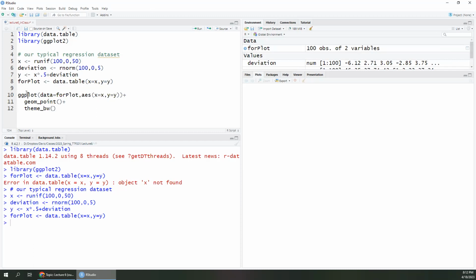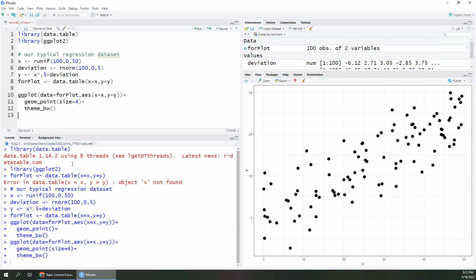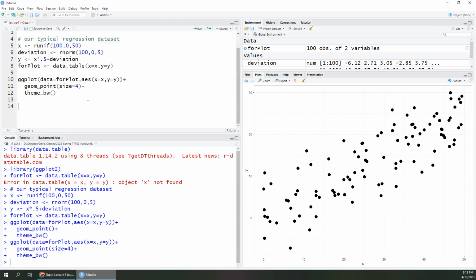So we go ahead and run this. We can see the points over here. Let me make the points a little bit bigger, so it might be easier to see. Great. So we know what this looks like.